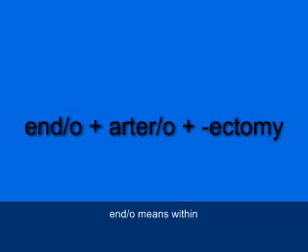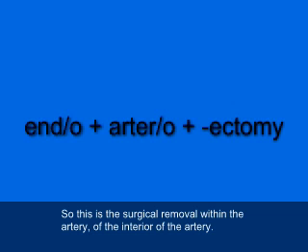Endo means within, arterio refers to the artery, and ectomy refers to surgical removal. So this is the surgical removal within the artery, or of the interior of the artery.